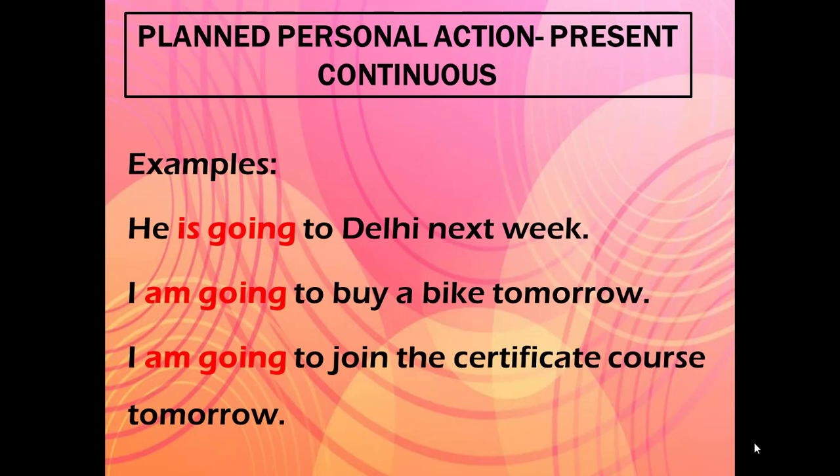In all these three sentences, we get to know that the action is a well planned one and it is completely personal. The person is going to Delhi next week and I am going to buy a bike the very next day and I am going to join the certificate course tomorrow. The actions are well planned.